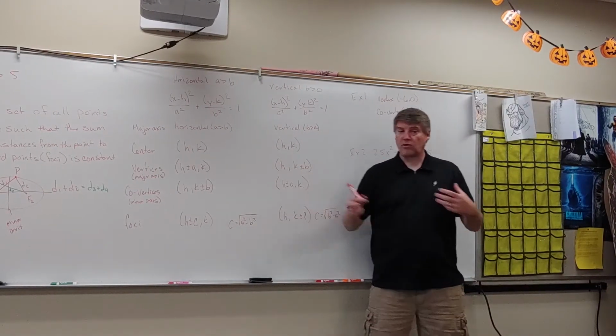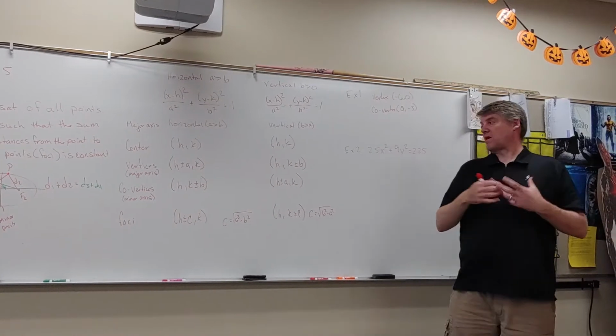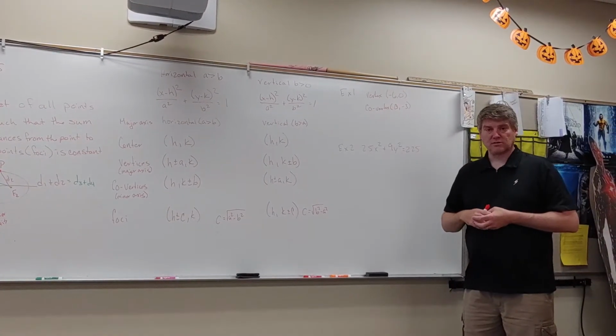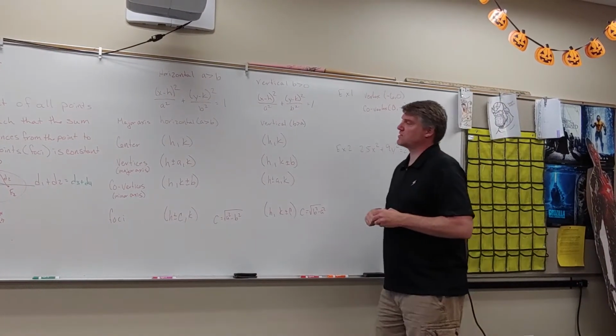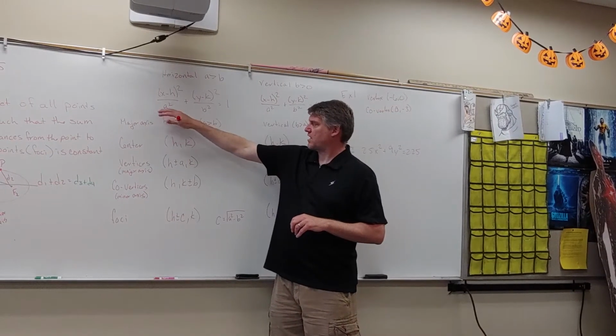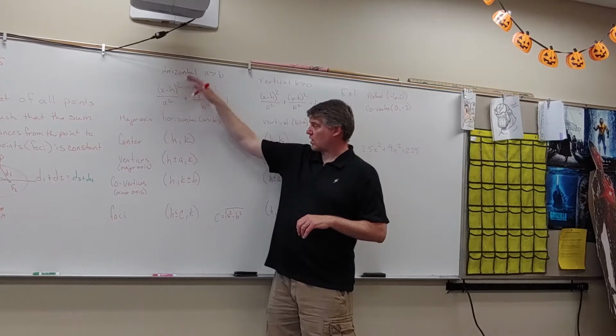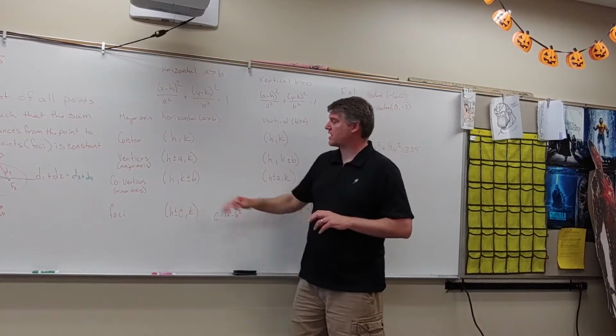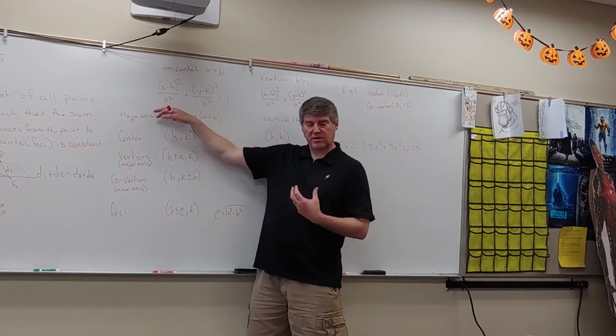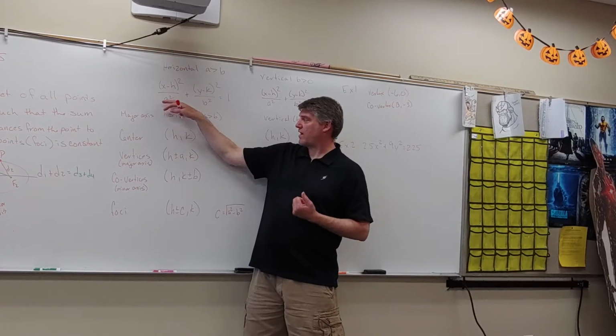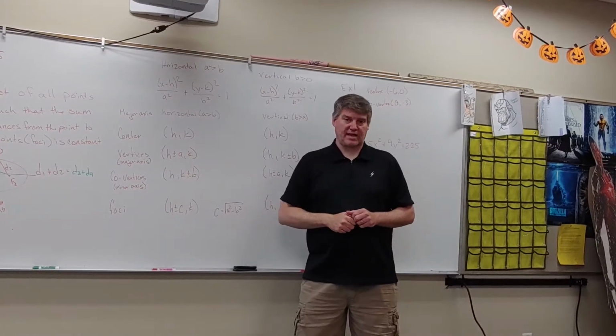My center for both is (h, k), but now my vertices change. To find my vertices, I take the square root of the larger of these. Let me just talk about the horizontal for a second. a squared is bigger than b squared, so I take the square root, a, and add and subtract that to h.